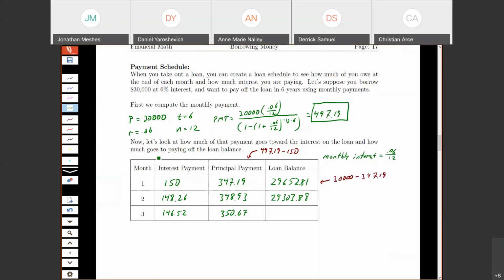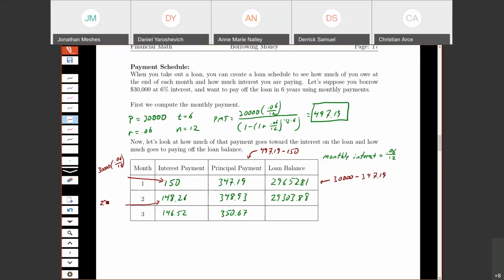So the initial 150, that was our $30,000 times the interest rate, 0.06 divided by 12, because that's our monthly interest rate. Okay. All right, and for the second one, it's the same thing, except we don't use 30,000 anymore.